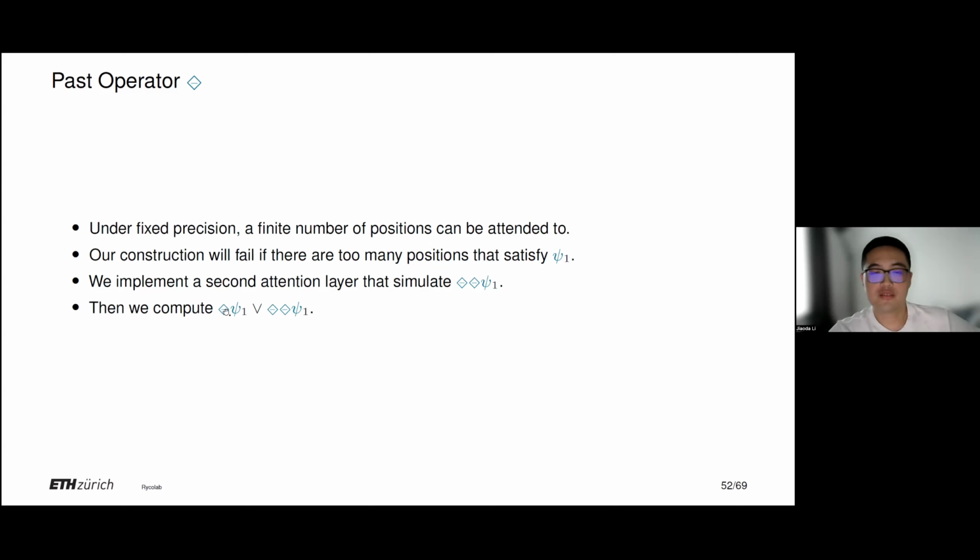So to circumvent this issue, we implement a second attention layer that simulates past psi 1, which means it attends to the positions where the first layer has a value 1. And so this past psi 1 will also always be correct. And then we take the logical OR between the flawed first attention, the flawed past psi 1, and the past psi 1. You will end up with a correct past psi 1.